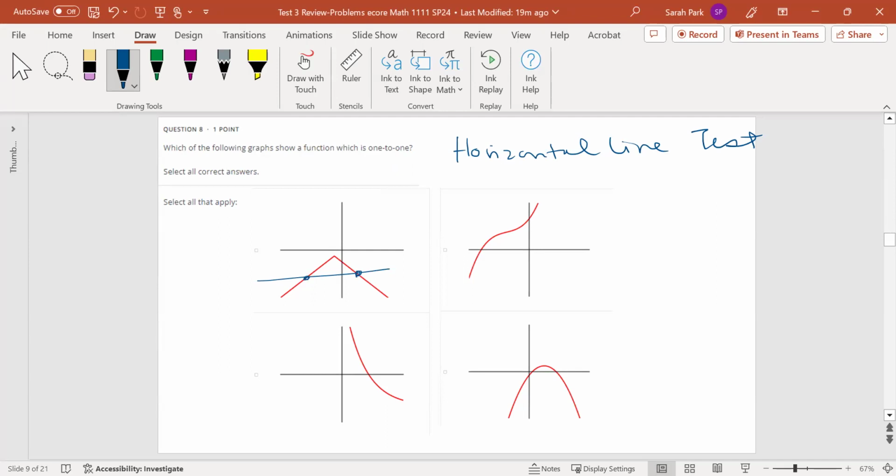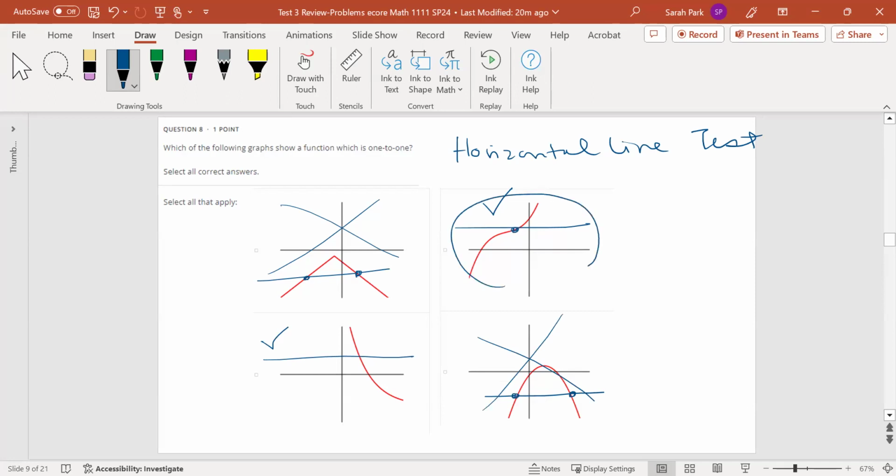So this is not a 1-to-1 function. This one is okay because it only passes it once. This function is okay too, but this one, the horizontal line goes through it twice, so this is not. And so the only two 1-to-1 functions are this one and this one.